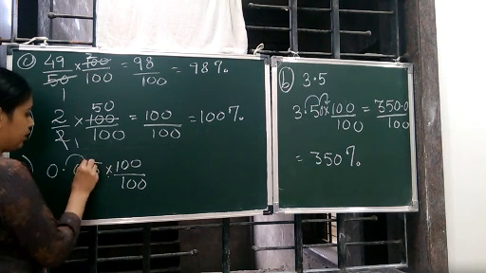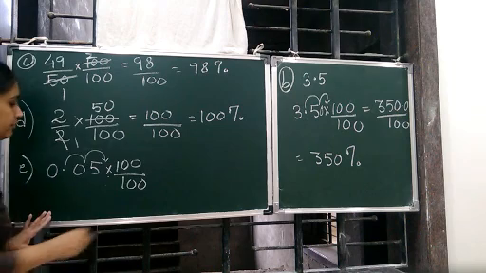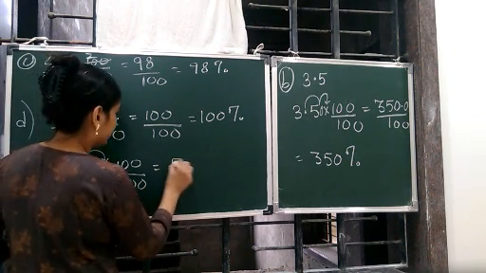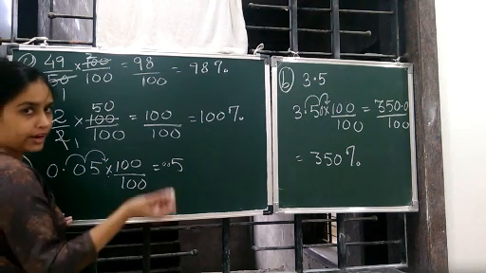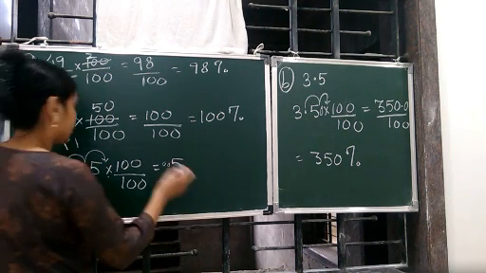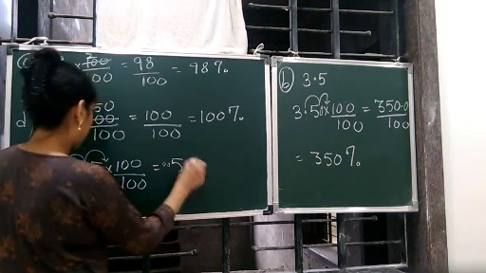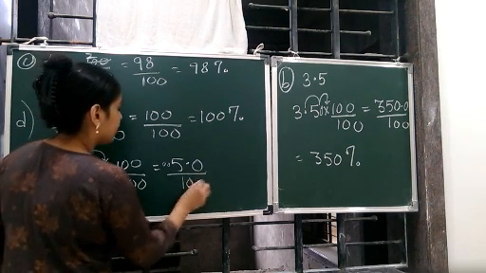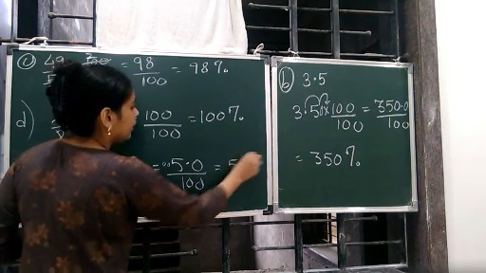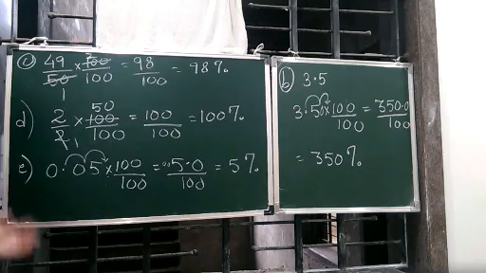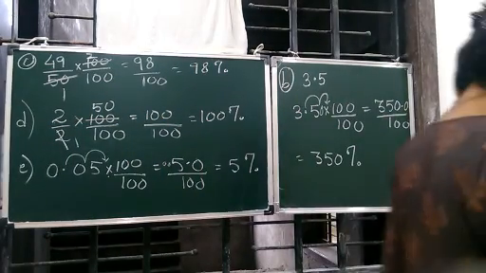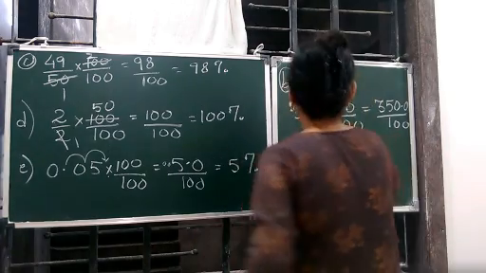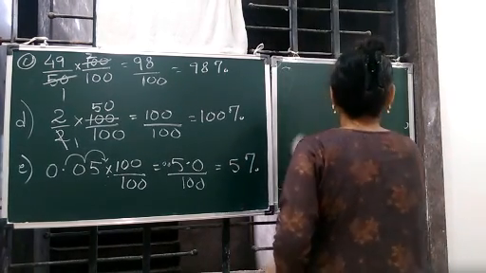The two zeros here have no value, so whether you write them or not makes no difference. 5.0 upon 100, or only 5%, or you can say 5.0%. This completes question number 1. Let's go to question number 2.